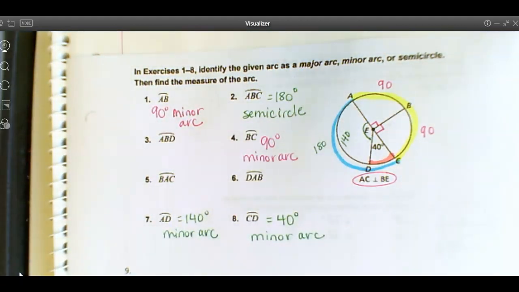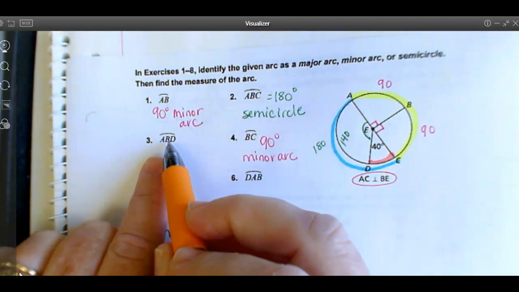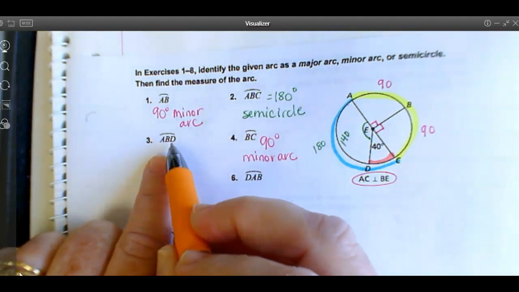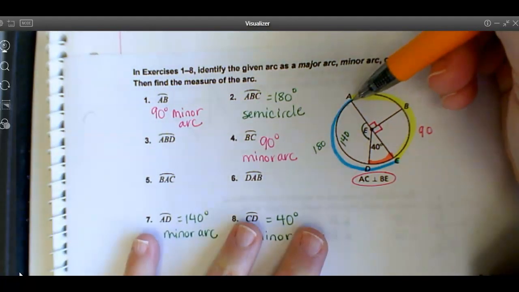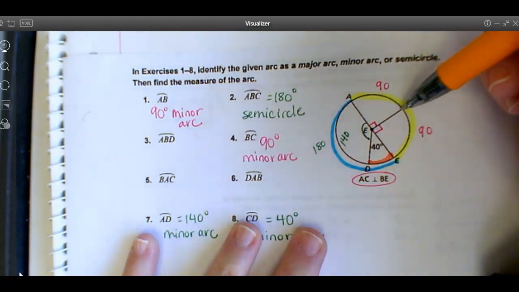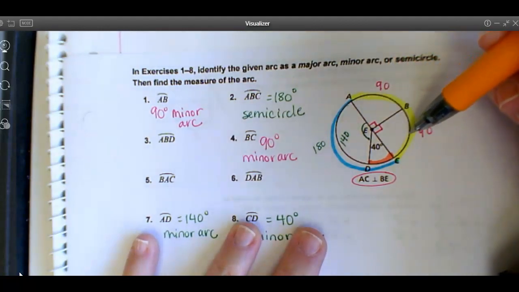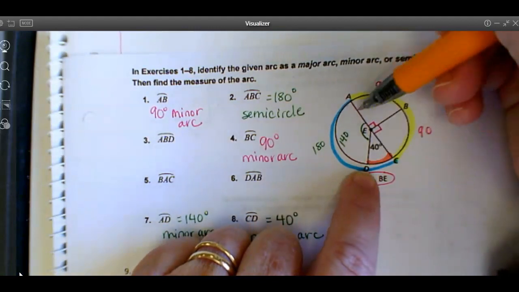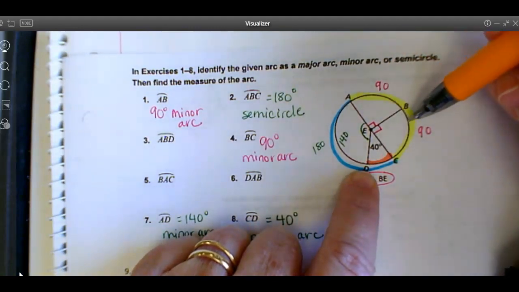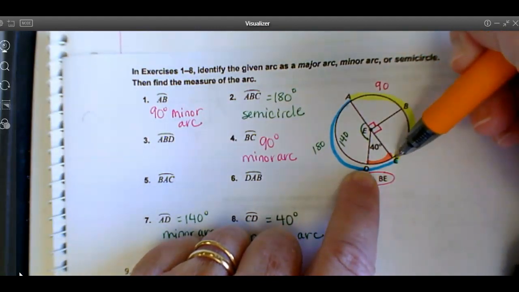Okay, now let's look at these last ones because they look like they go around more. This one says ABD. So I start at A, I go to B, and then I go all the way to D. So I go 90, 90, and 40.